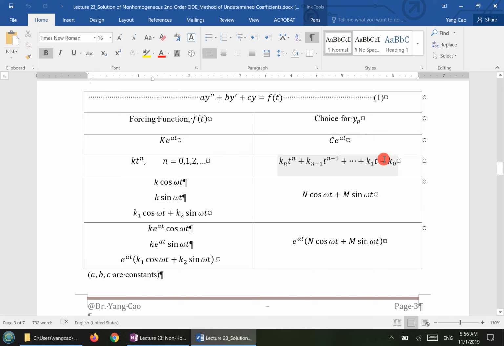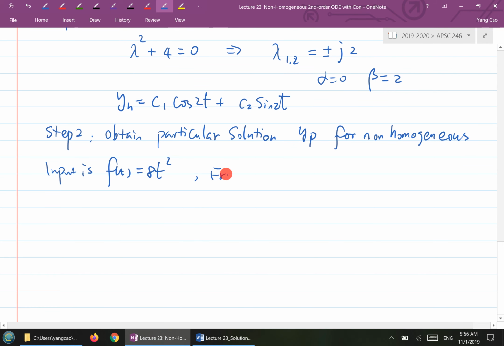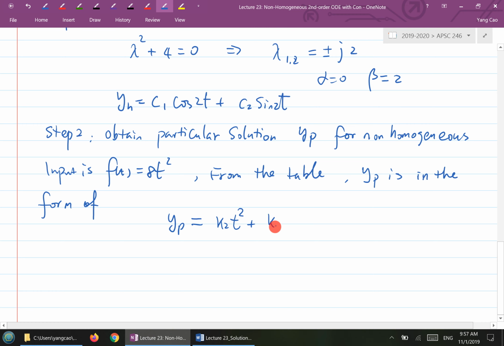Okay, so your choice of yp from the table is in the form of the following: yp equal to k2 t squared plus k1 t plus k naught.